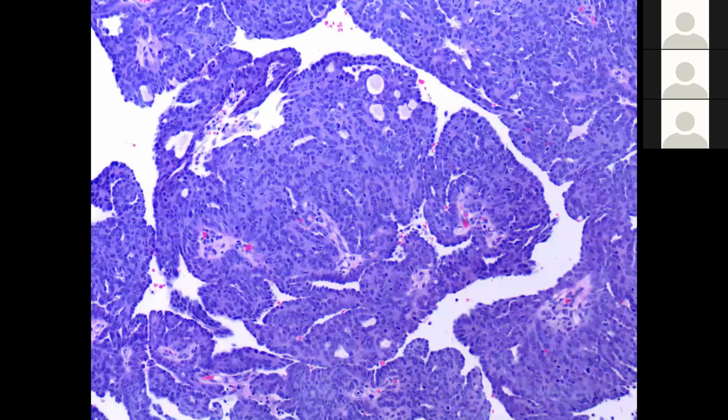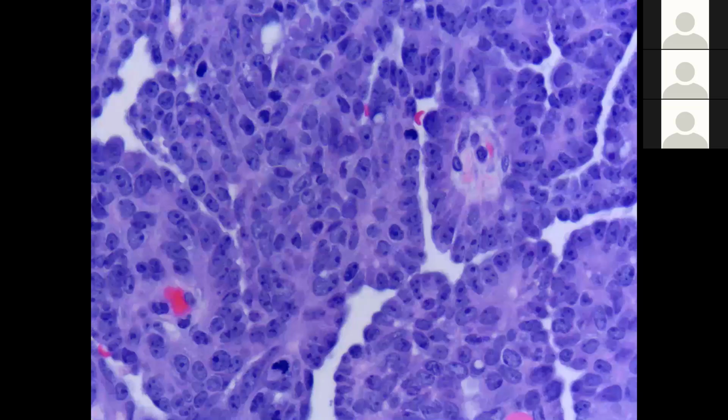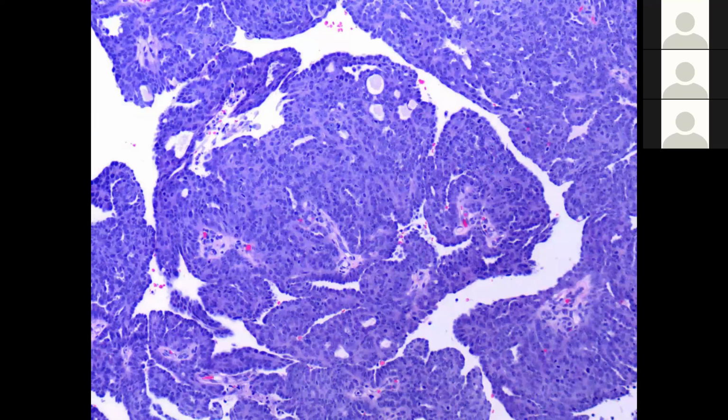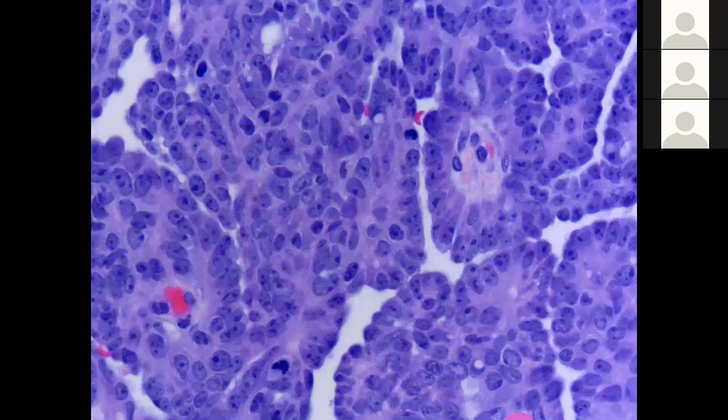Ovarian mass, 60-year-old. It's two pictures. One, two. Okay, I'm going to go back because the question is going to ask you about cytomorphologic features. One, ovarian mass, 60. Two.